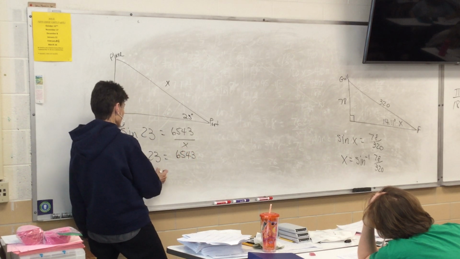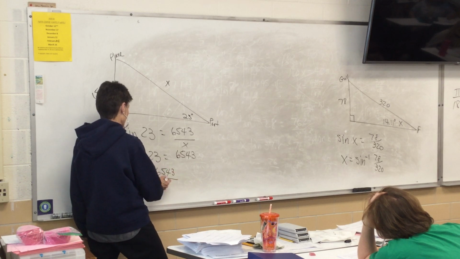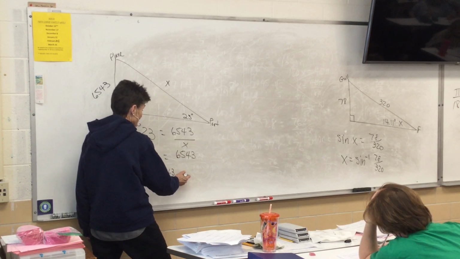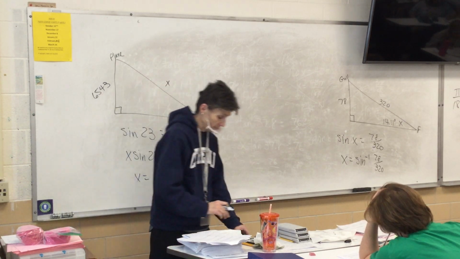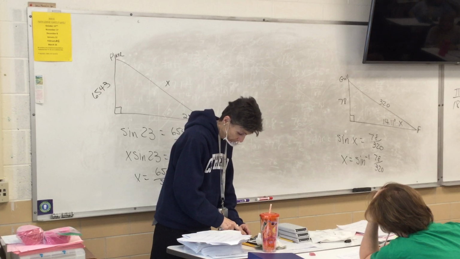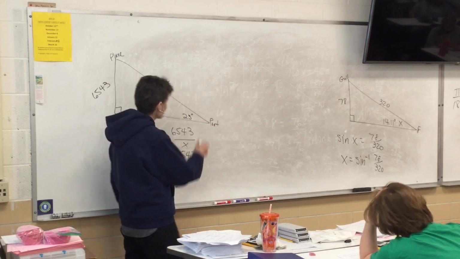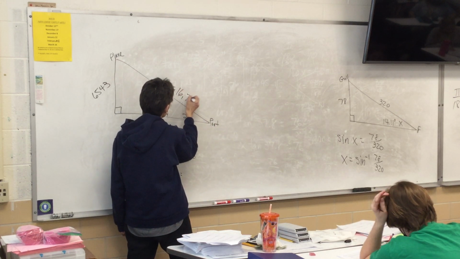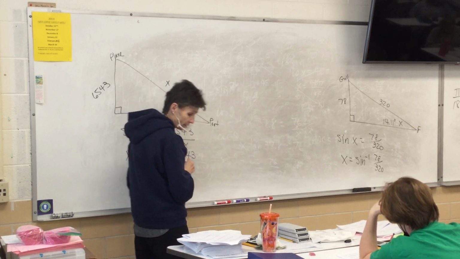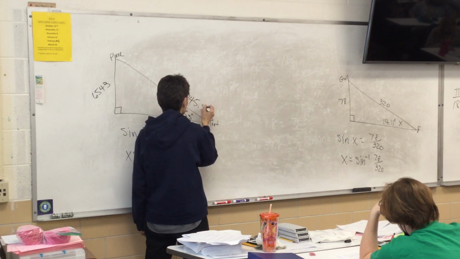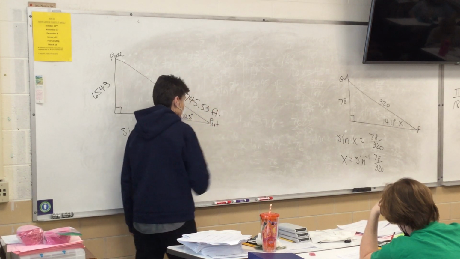So x equals 6,543 over sine 23. 16,745.53 feet.